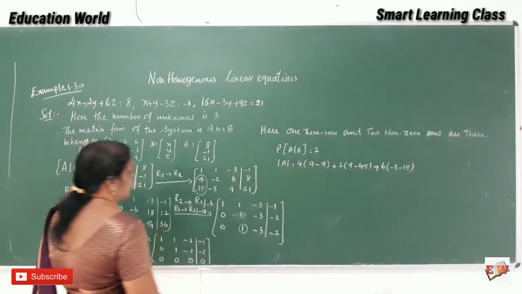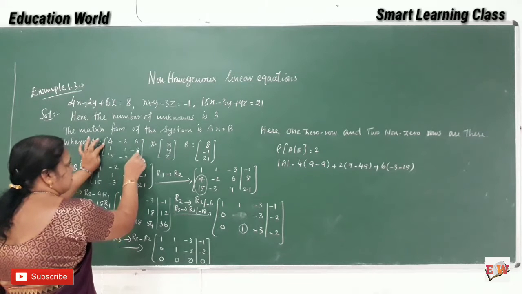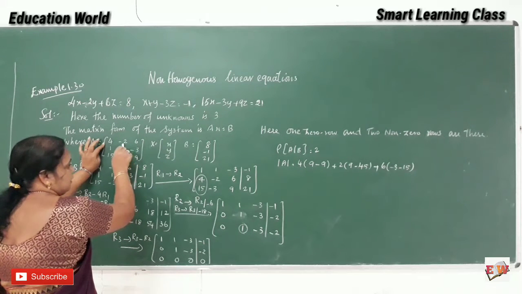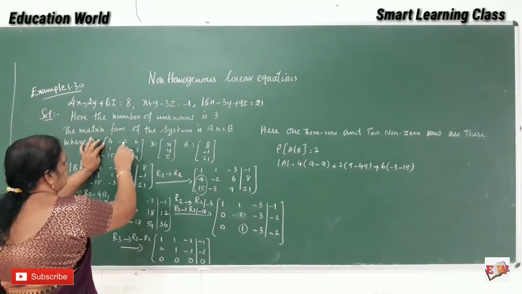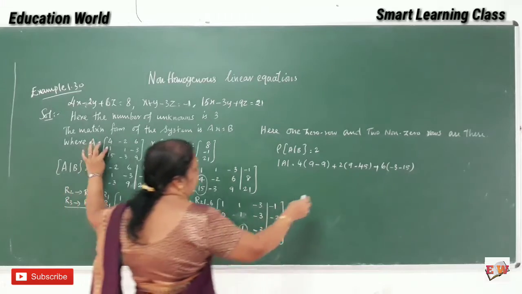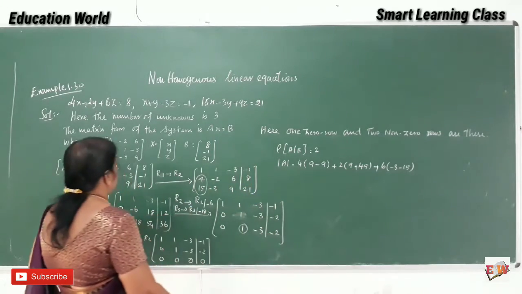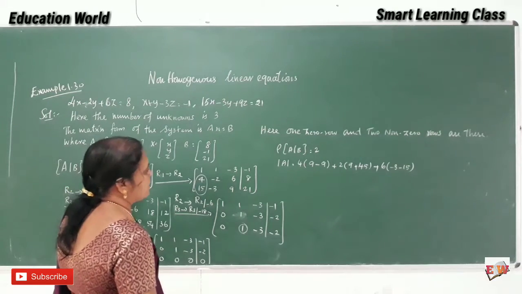See, 4 into (1 into 9 minus 3 into minus 3 plus 9); here it is minus 2, so there a plus will come; 2 into (9 minus into minus plus 45), plus 6 into (minus 3 minus 15).